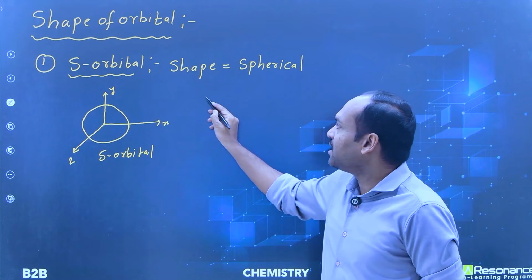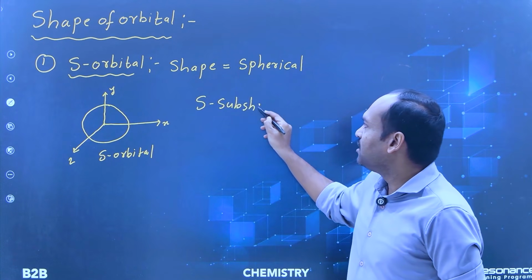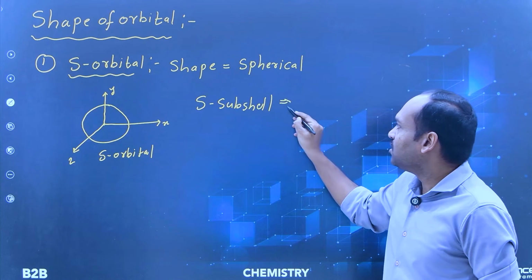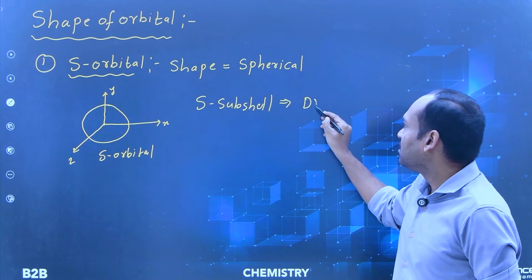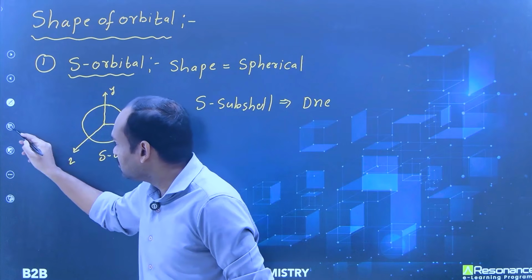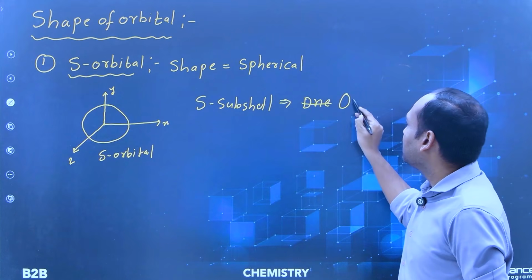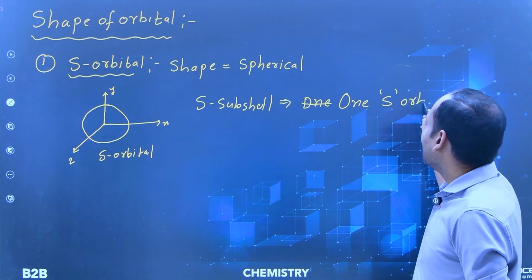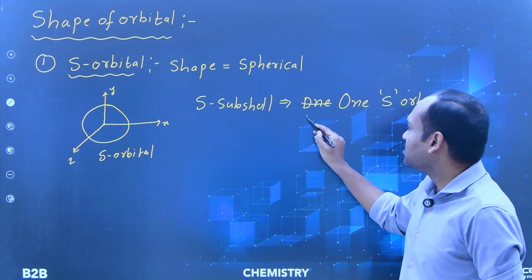Now there is the s subshell. The s subshell has one s orbital. To represent this one s orbital, it is represented by a box.